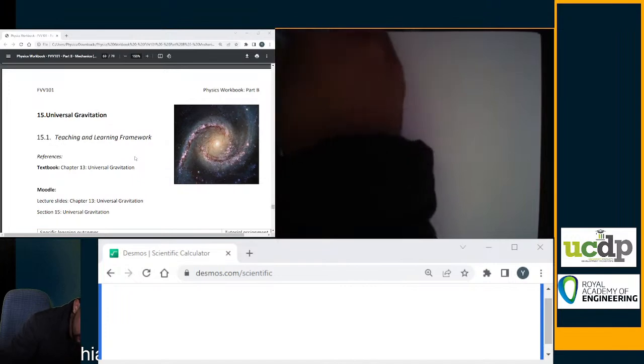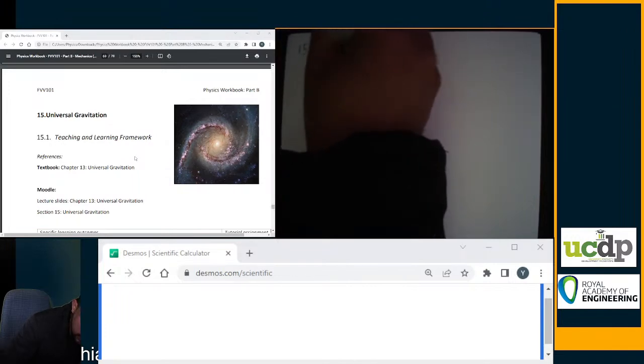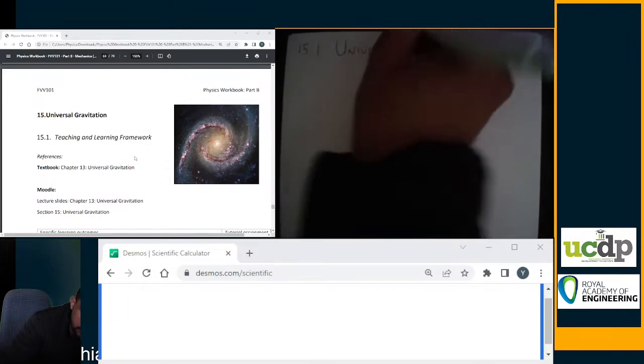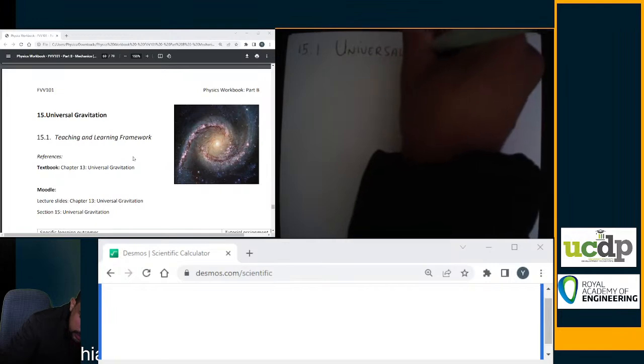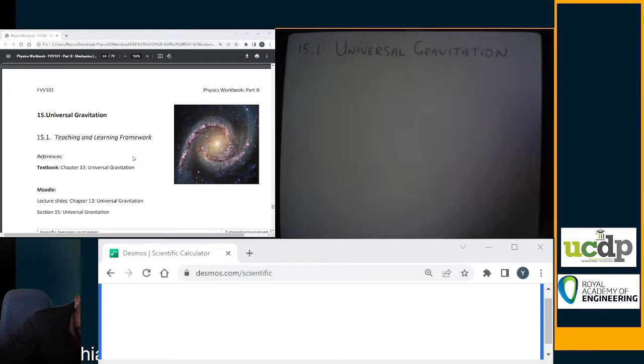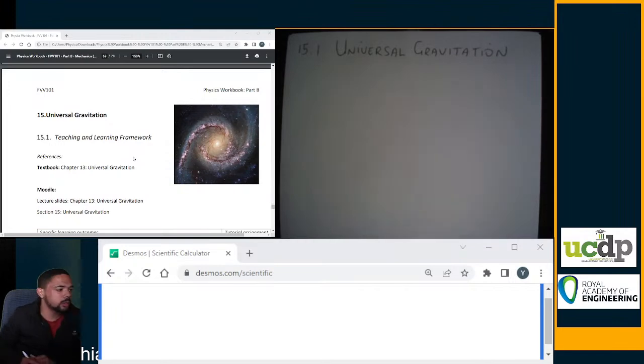Universal gravitation. This is our topic for today, with some oscillatory motion in. A beautiful, beautiful section of physics. Universal gravitation, a law developed by the English physicist Sir Isaac Newton.